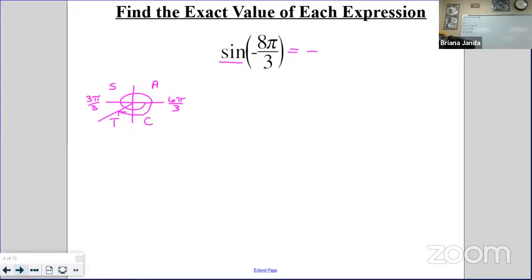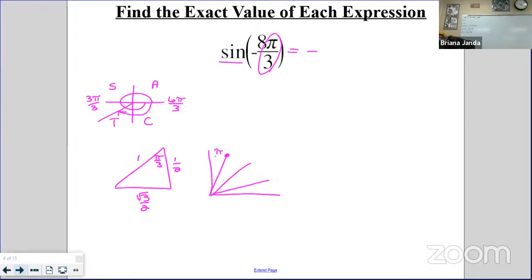My reference angle, again, reason we love radians, is pi over 3. I don't really have to think about anything other than that. So go to your method, visualize your pi over 3 reference angle in a special right triangle, or visualize pi over 3 in your quadrant 1, or my hand trick people, pi over 3 would be your pointer finger.